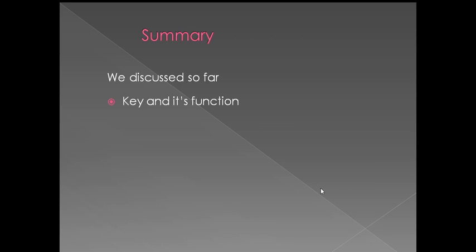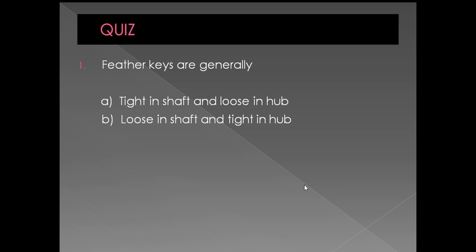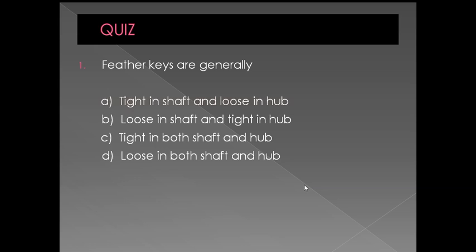As of now, we discussed keys, their function and types of keys. So what is a key? Short answers: various types of keys. Feather keys are generally used to tighten the shaft and loosen the hub, so that the hub can move to and fro on the shaft.